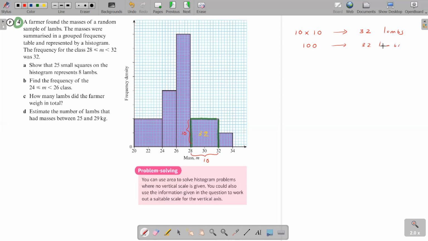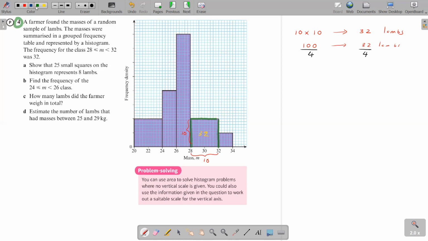They're asking us to show that 25 small squares. So how do you get 25 here? We should divide 100 by what? We can divide 100 by 4, right? If you divide 100 by 4, divide both sides by 4. 100 squares represent 32 lambs. So if you're dividing 100 by 4, you should divide the other side, 32, also by 4.